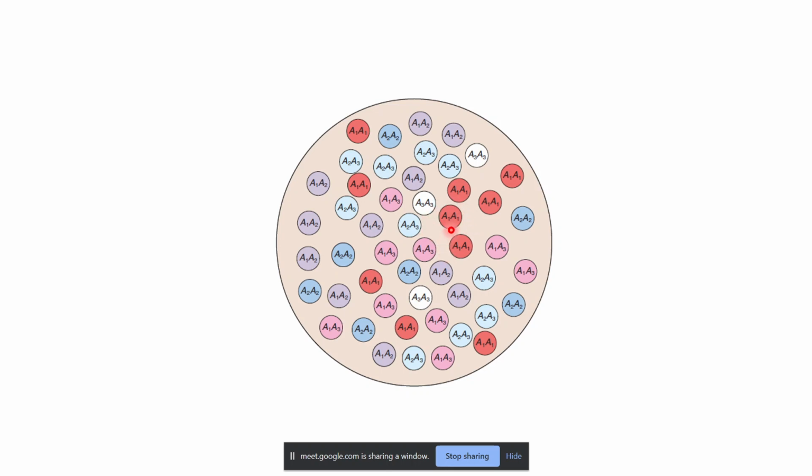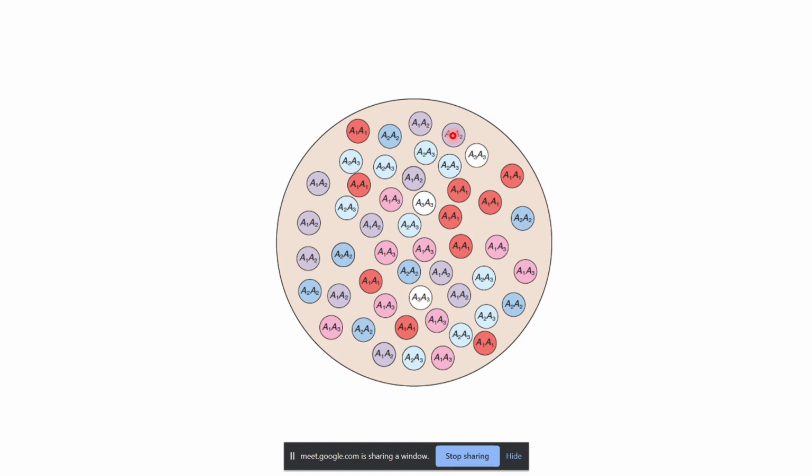So for example, it can be A1 A1 or A1 A2. And depending on the combination of these 2 alleles, the phenotype can be different. For example, the color may be red or white or blue or violet.